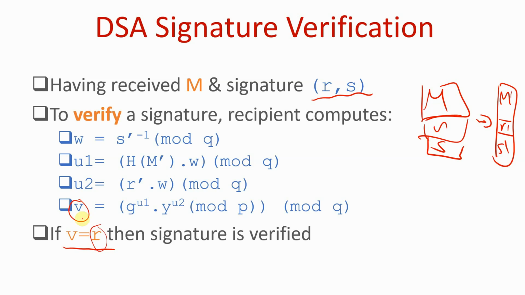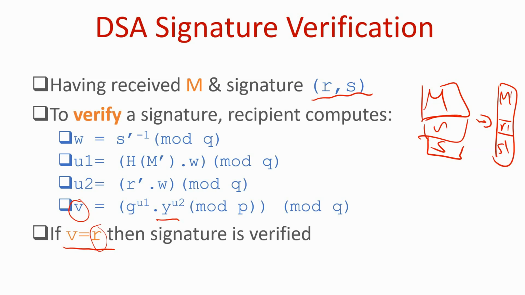You will note here that V depends on U1 and U2. It depends on the global parameters G, P, and Q, and depends also on the public key Y in this case. U1 and U2 depend on R and depend on the hash of the message. So to calculate V, which is supposed to match R, you would need the public key, you would need R, and you would need the hash of the message as well.